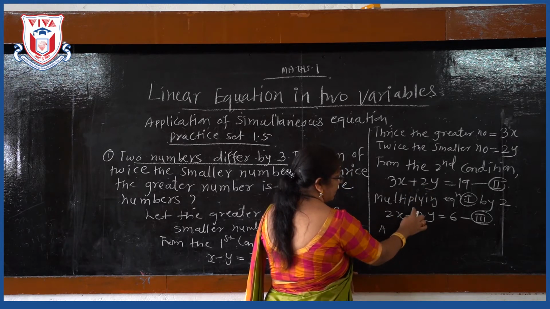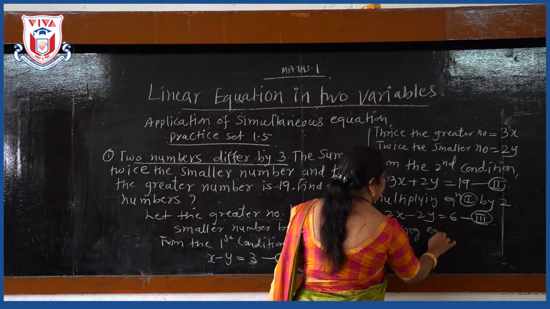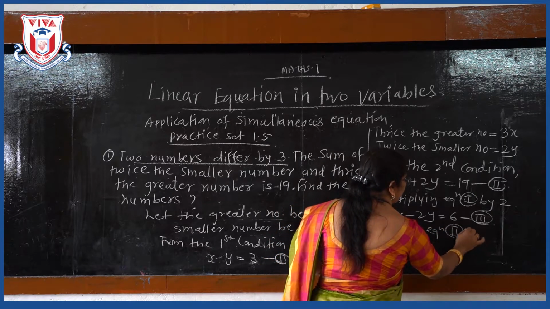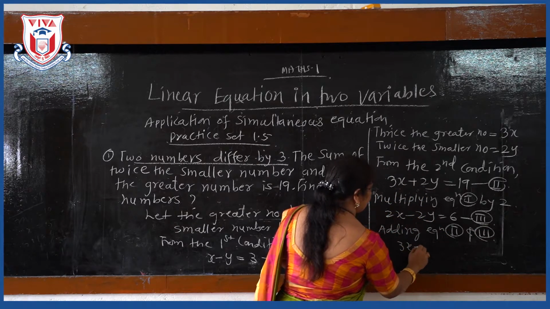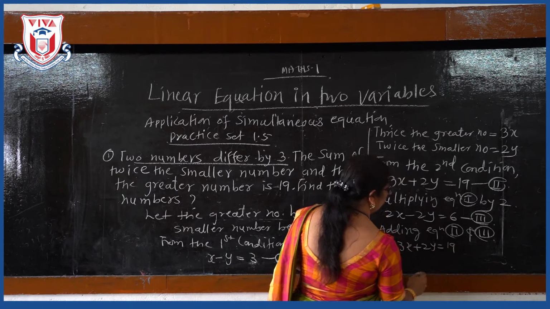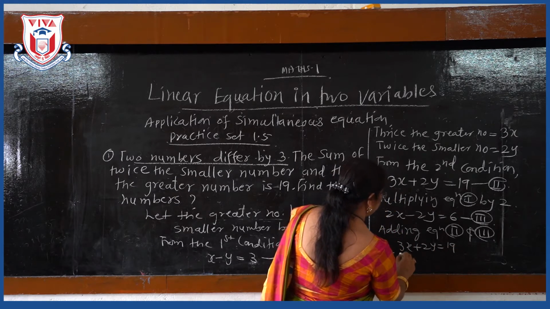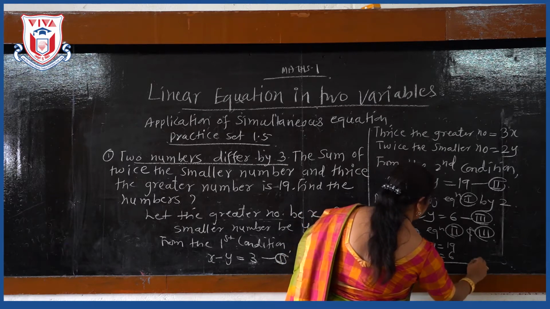Since the signs are different, we do addition. Adding equations 2 and 3: 3x plus 2y is equal to 19, plus 2x minus 2y is equal to 6.